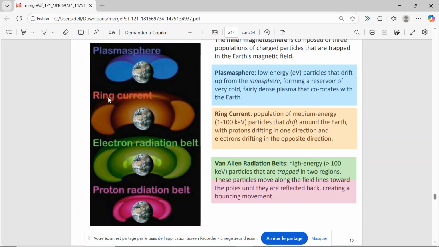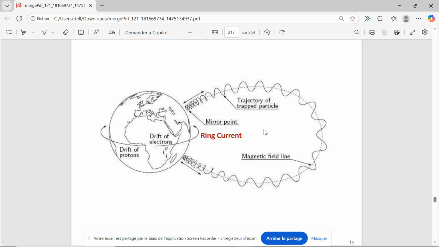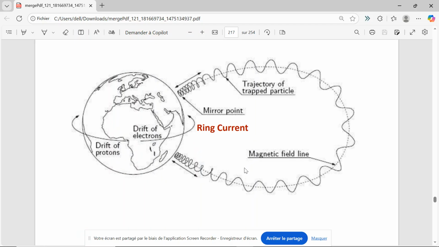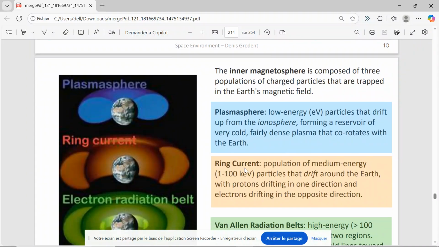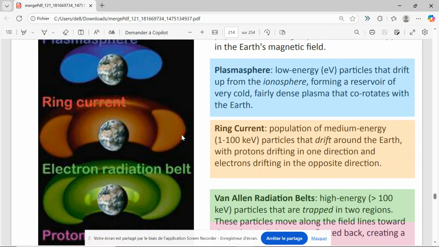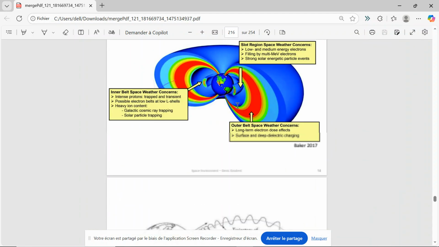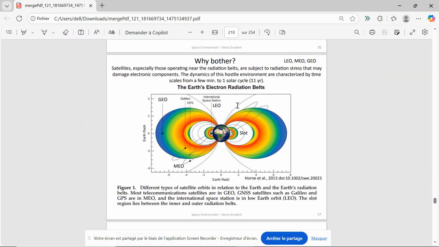This is exactly how it looks. So the gradient of the magnetic field is inducing this mirror bouncing that protects the Earth in the end. Because if there was not this phenomenon, the particles would all be allowed to fall here on the pole. So this is a force induced by the gradient of the magnetic field.